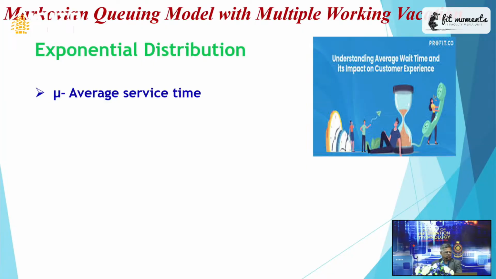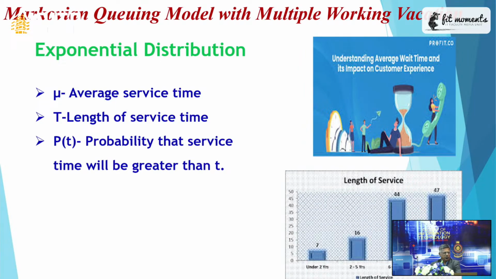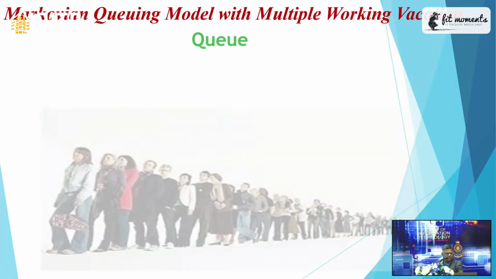Next we move on to the exponential distribution. This is for mu, average service time. The t is the length of the time. The probability p of t is that the service time will be greater than the limit time t.